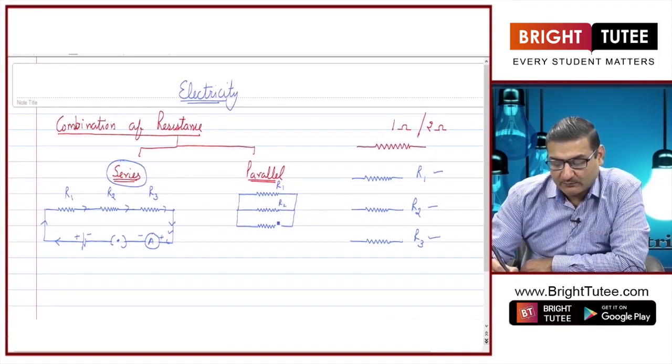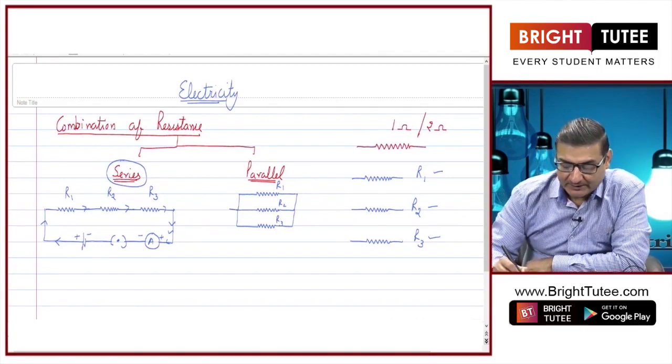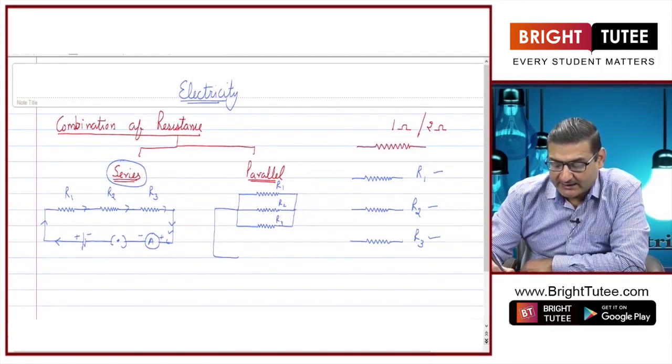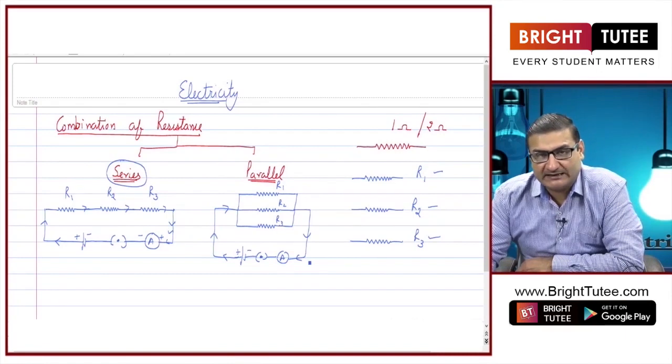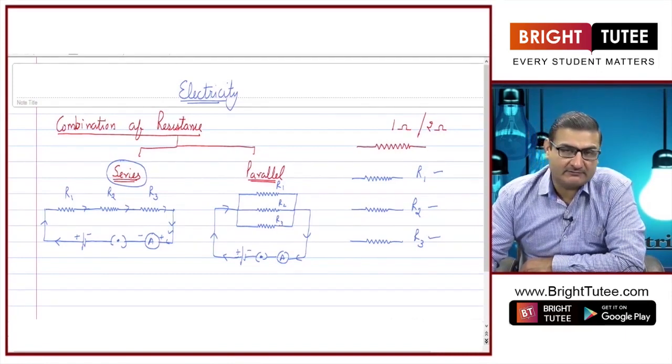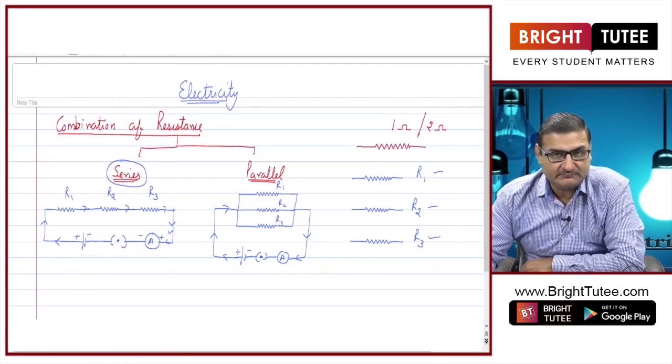So this was the R1, this is the R2, and this is the R3, and this is how I can connect them once again to a cell or a battery with the plug key and the ammeter. The plug key is on, I have switched it on, so therefore the current will flow like this. I need to show the directions of the current using the arrows. So this is a parallel combination of resistances.